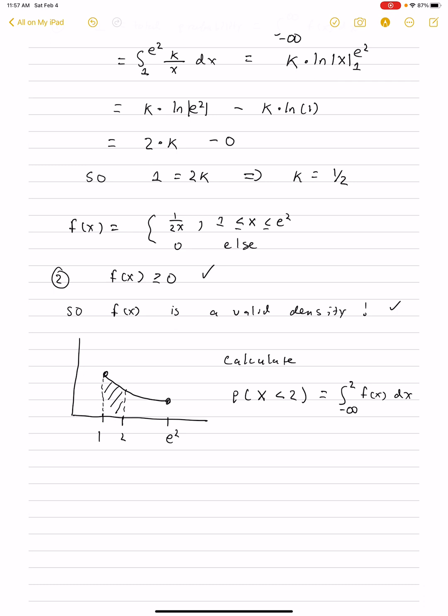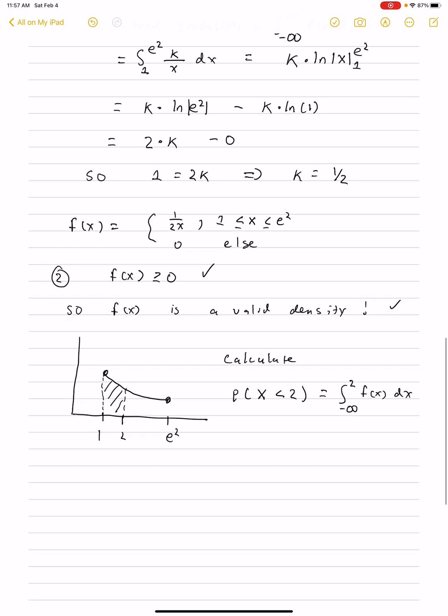But remember, it's only non-zero probability for x being at least 1. So I wind up with the integral from 1 to 2 of 1 over 2x dx.